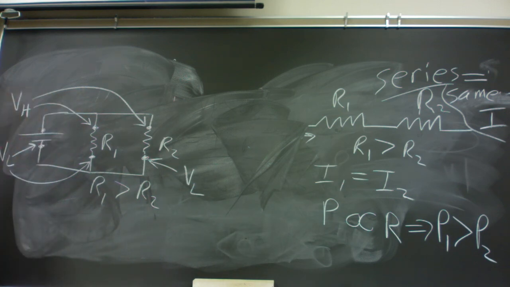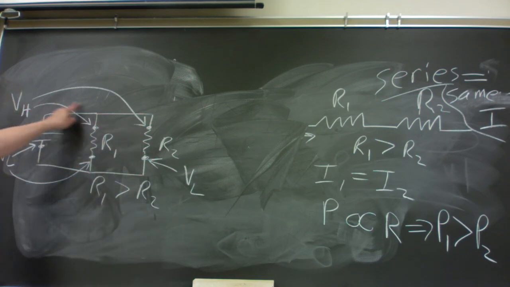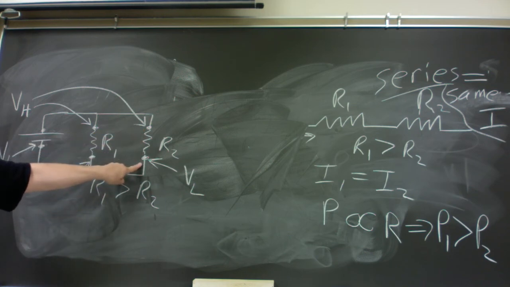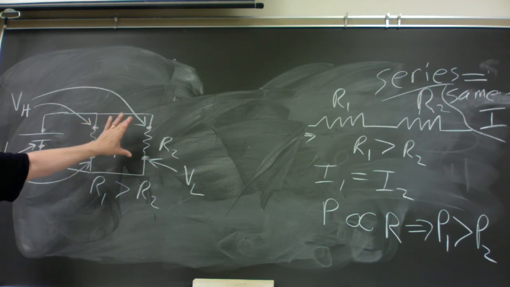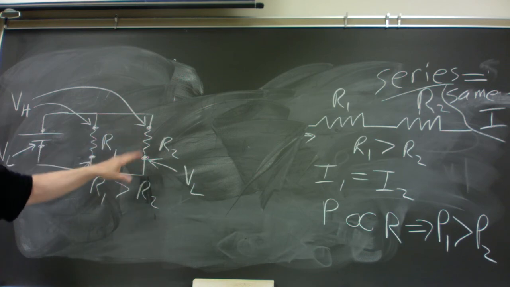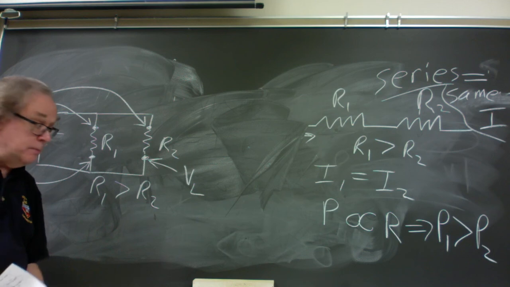In other words, the potential difference between the two ends of resistor 1 is V high minus V low, and the potential difference between the two ends of resistor 2 is V high minus V low. The potential difference between the two ends of R1 is then just the same as the potential difference between the two ends of R2. V high minus V low for both of them.